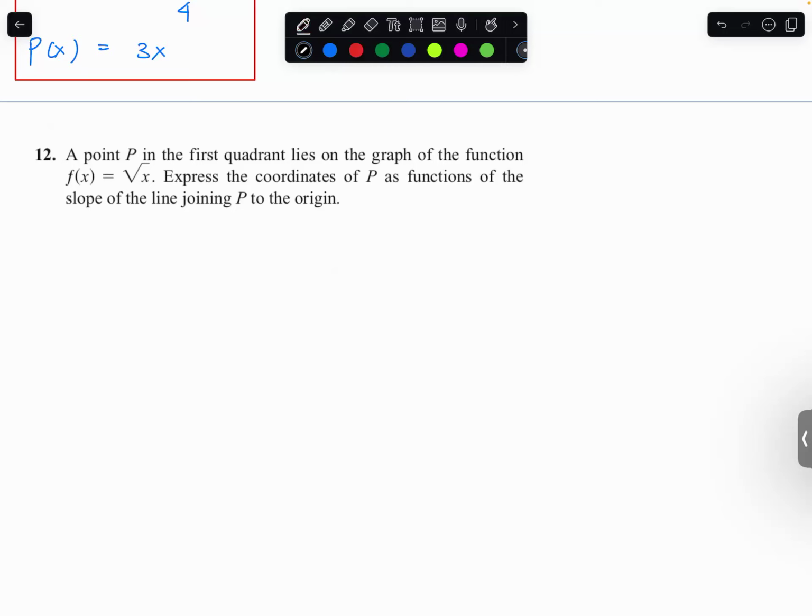Let's sketch this function in a simple xy coordinate system. This is our x, this is our y. The function f of x equals square root of x is something like this.